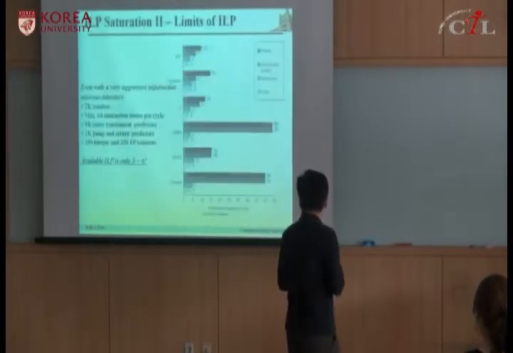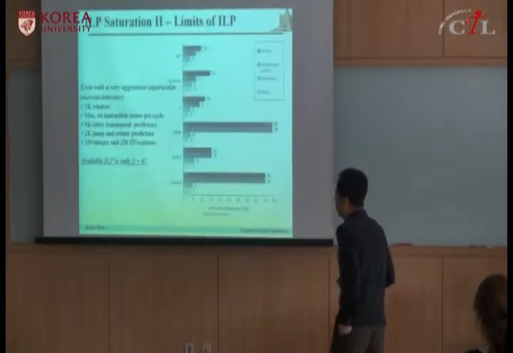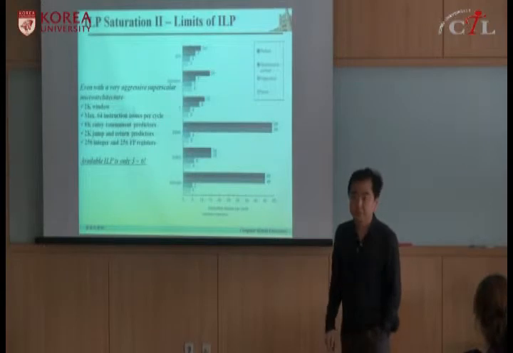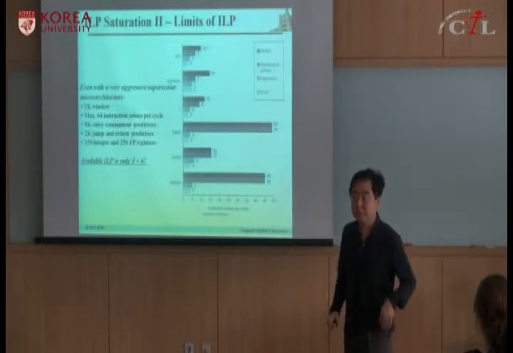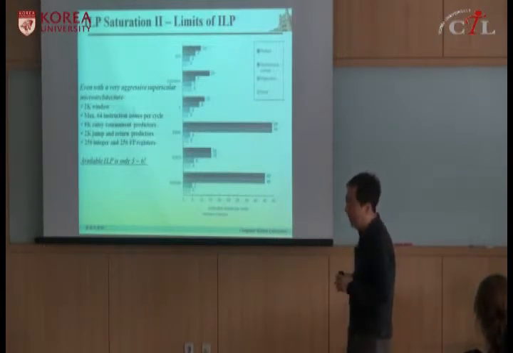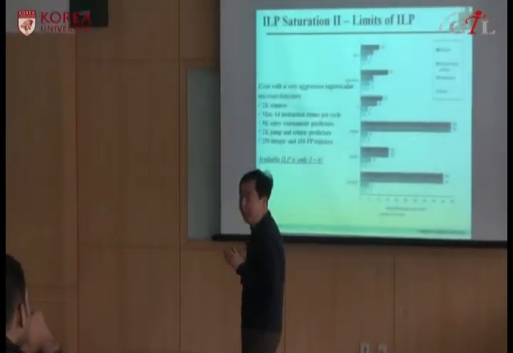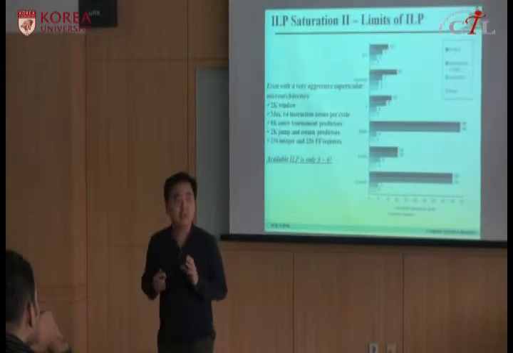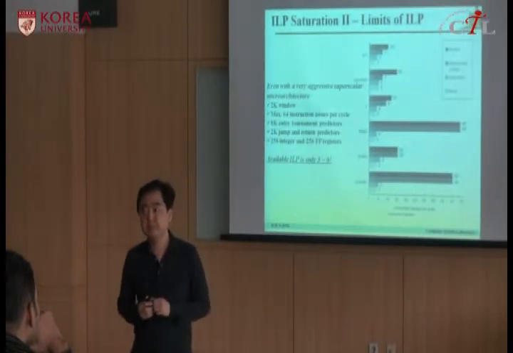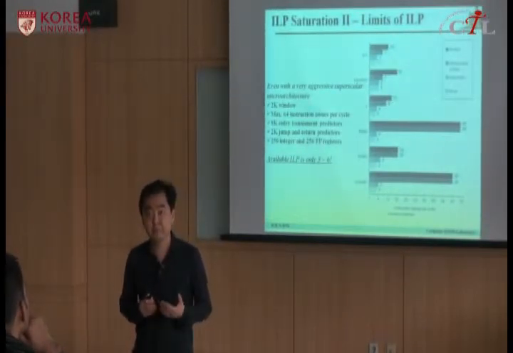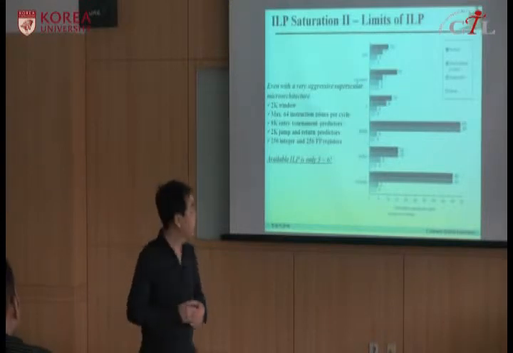So we have reviewed all these limits of instruction level parallelism. Even though you implement a very high issue superscalar backend, another problem is the application program doesn't have that much parallelism to exploit.